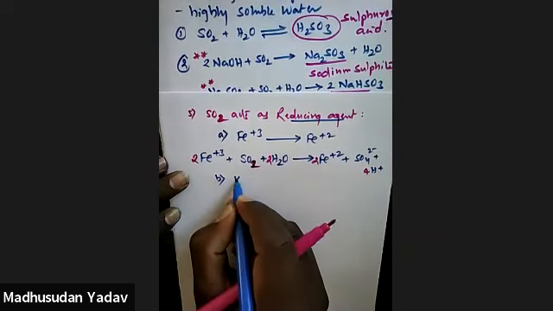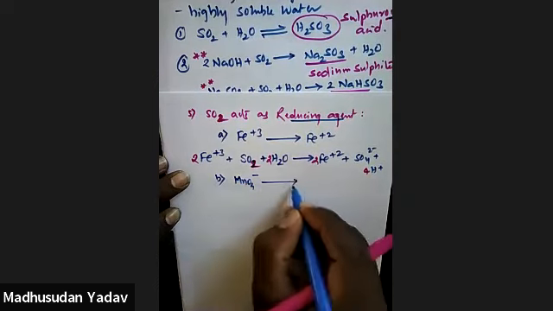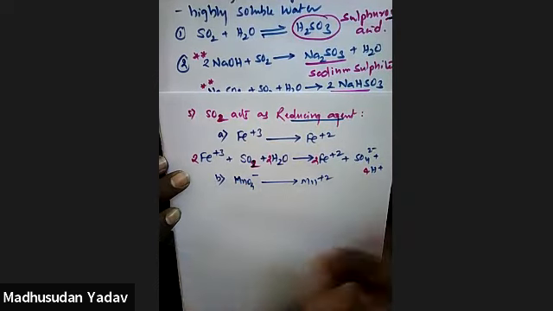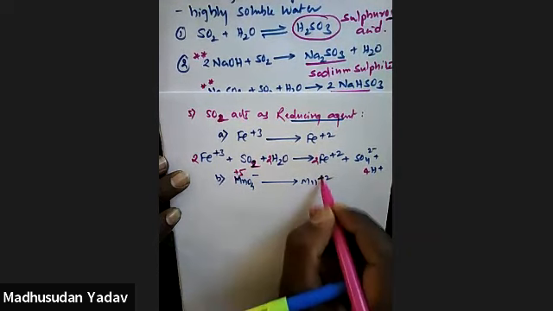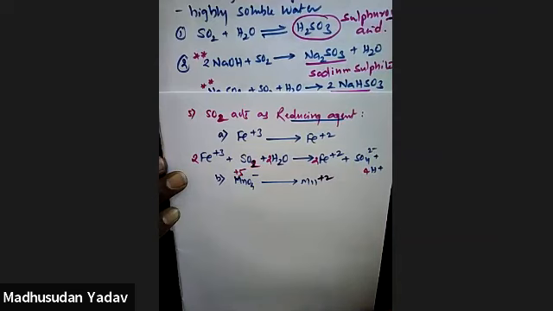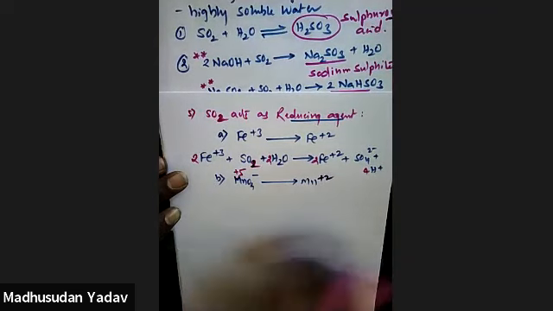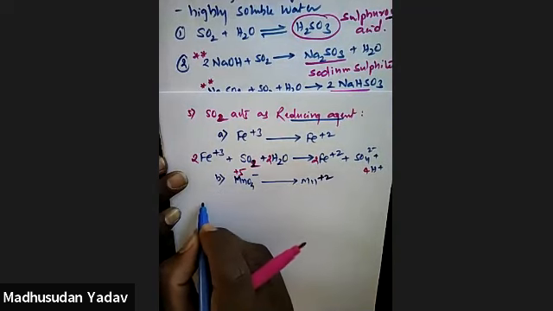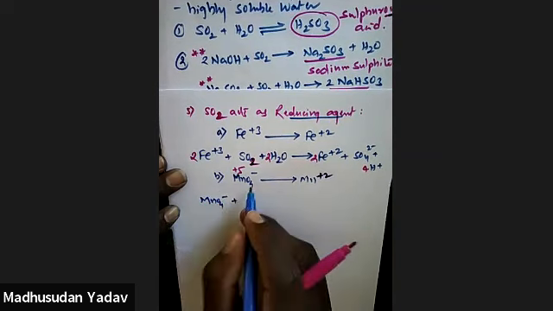Another example, if you take KMnO4. In KMnO4, what is the ion present? MnO4 minus converting into manganese plus 2. So here the manganese is in plus 7 oxidation state, converting into plus 2 oxidation state. So reduction, right? So how does this reaction take place? Let's write that. MnO4 minus on reaction with what?